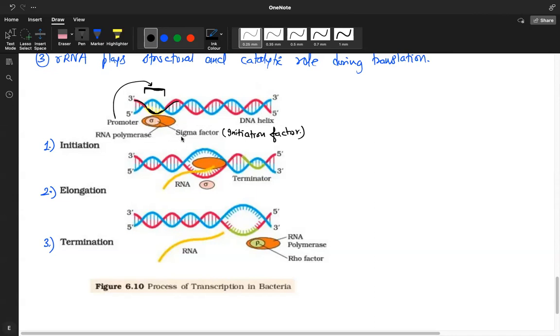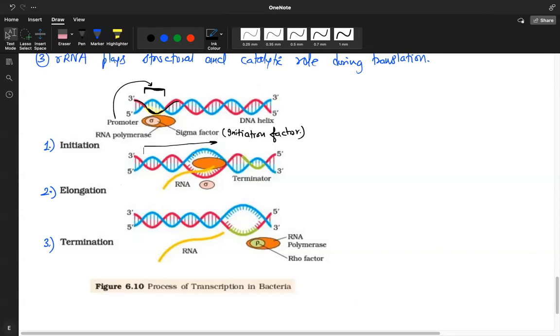So it's not like to transcribe any region of the DNA, you will open the whole DNA. Instead, only the space which the RNA polymerase needs is opened. As it proceeds during elongation, you can see that from the promoter region it has proceeded this much, so this long mRNA has been produced.